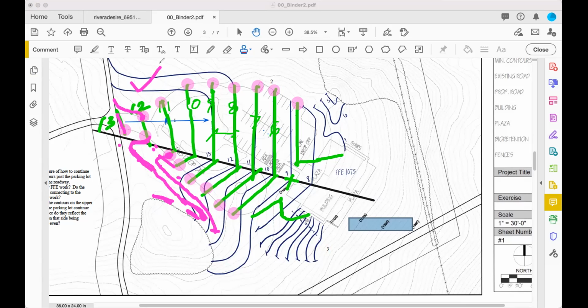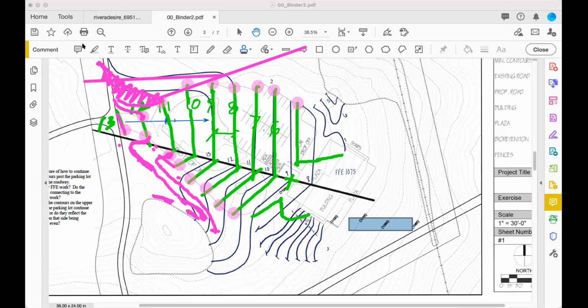On this side, that's 11. That is where I could connect back to 11 without moving too much. I wouldn't go back to 11 over there to start connecting, because now all these need to be moved. So I look for wherever is closest.